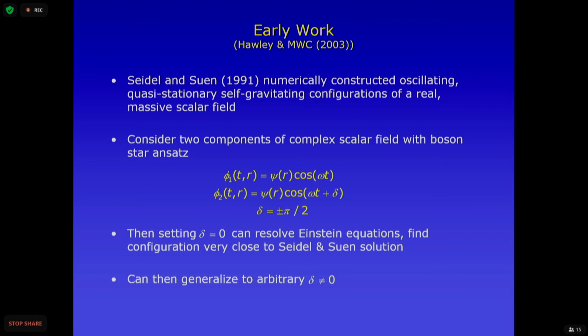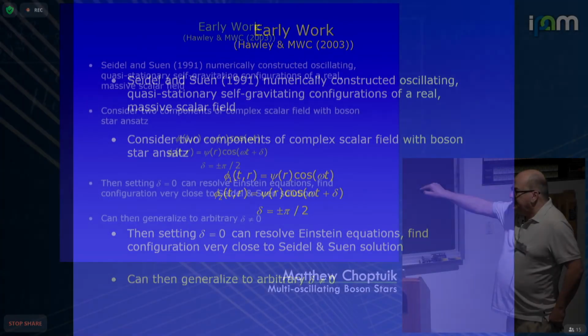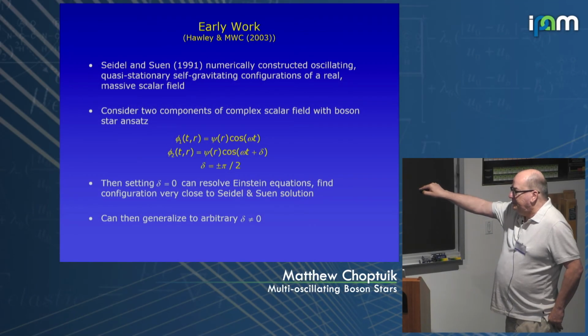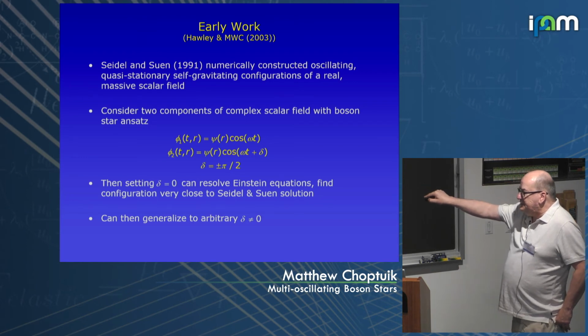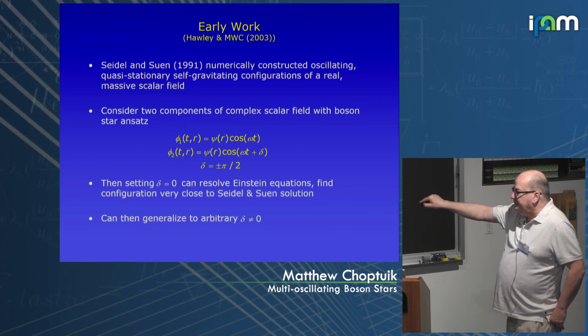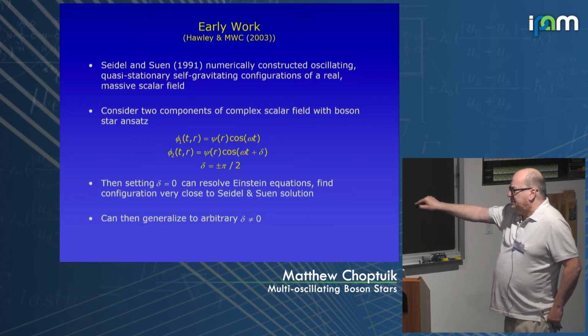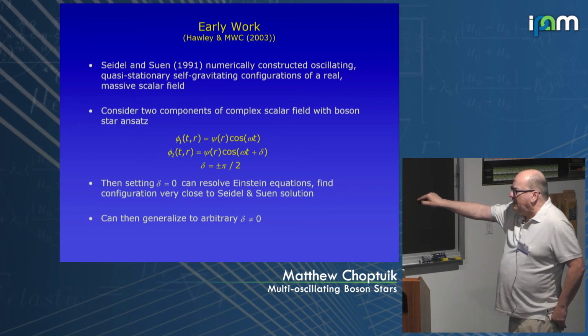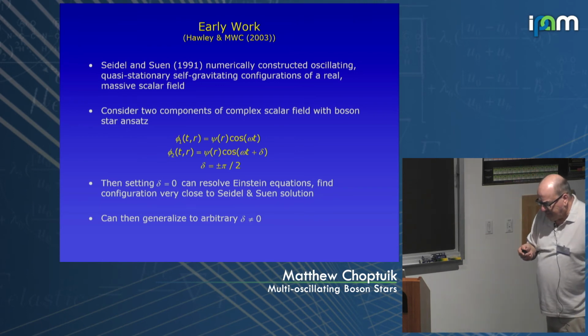If you take a boson star solution and rotate one of the components by pi over 2, you find a configuration very close to the Seidel and Suen solution. You can then generalize that to arbitrary delta not equal to 0, and we call these phase-shifted boson stars.